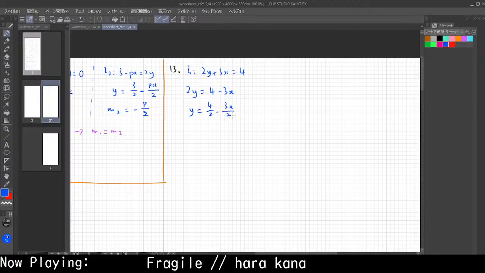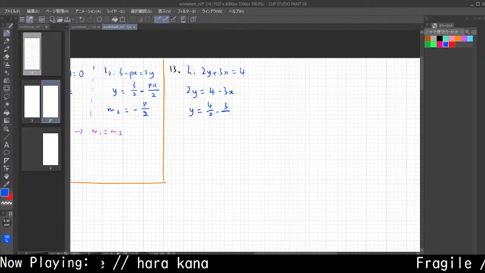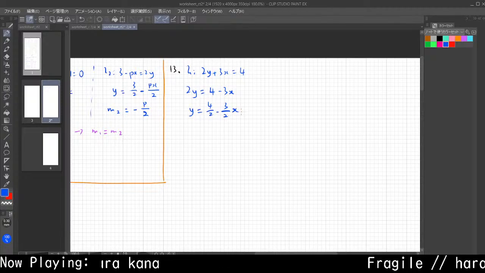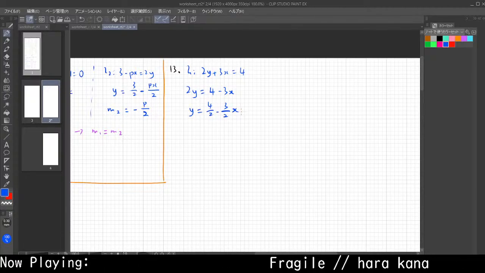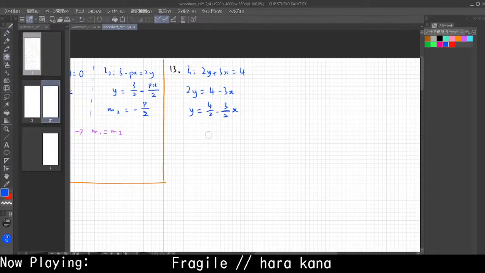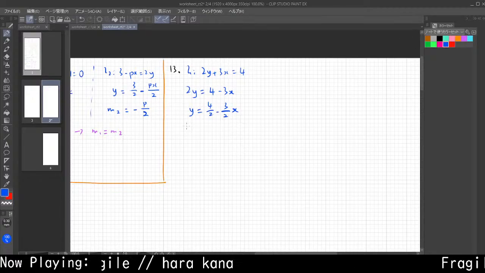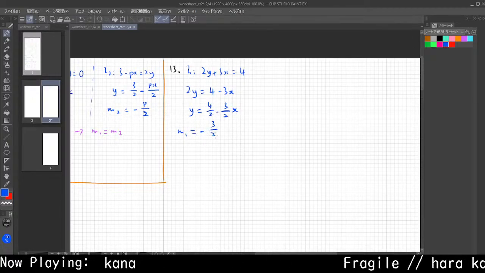If you are familiar with it enough already, you can only divide the number and leave your variable outside like this. This is what I usually do. We don't need to care about the c, we just need our m. So in this case, our m is equal to -3 over 2.